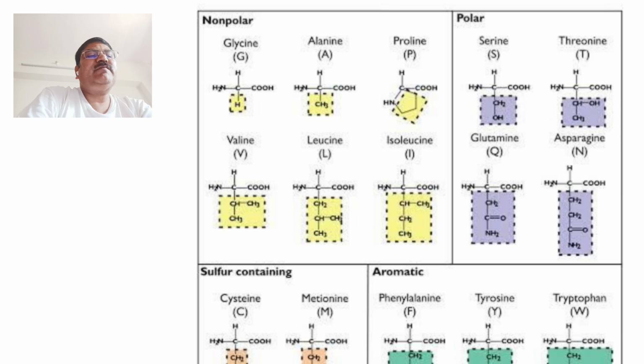In serine, an alpha amino acid denoted by S, CH2OH is the R group.